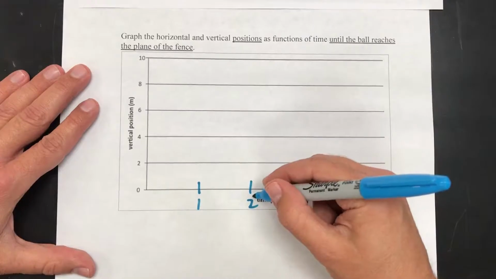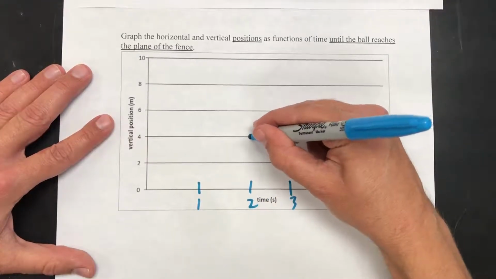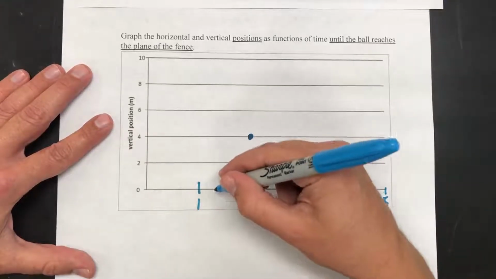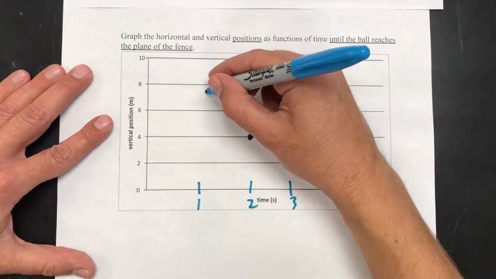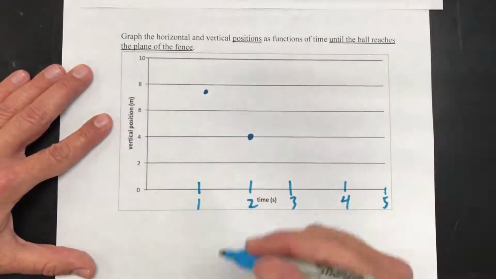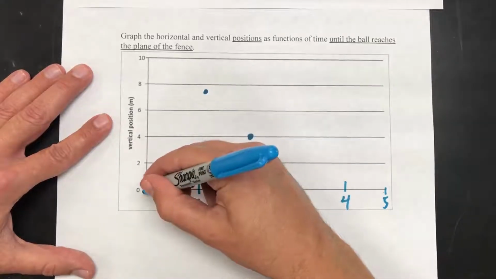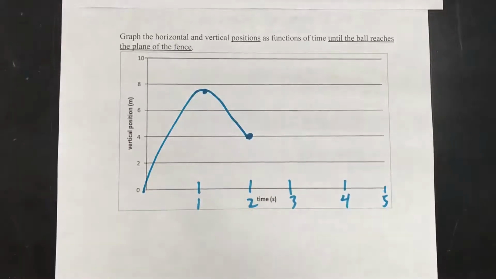We know at 2 seconds that the problem ends, and we know at 2 seconds we just solved for that in a previous problem that it was 4 meters high. We also know at 1.2 seconds that we are about 7.2 meters high, so that's right about there. I'm just sketching it to get the basic shape. That's the peak of the parabola, so it should curve up like that and then down and stop there.